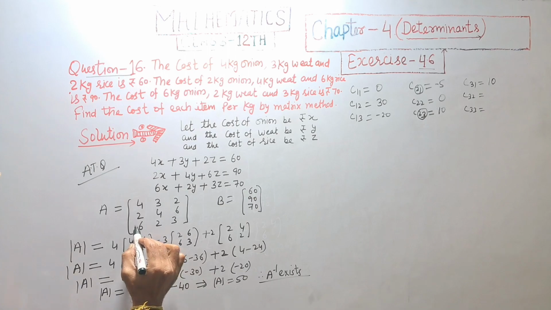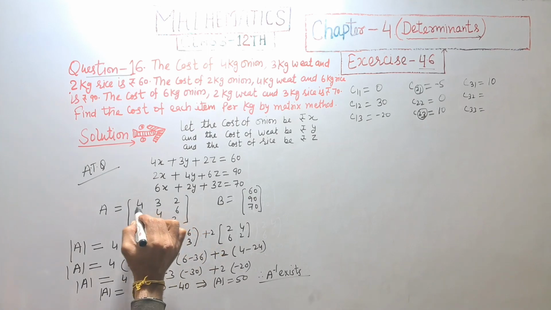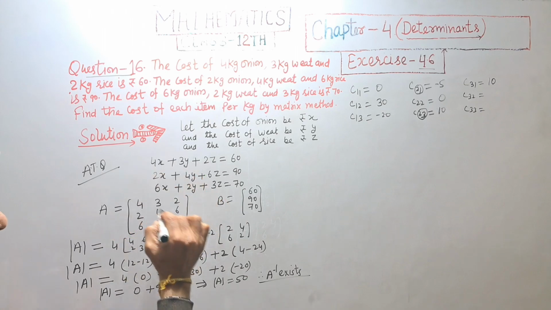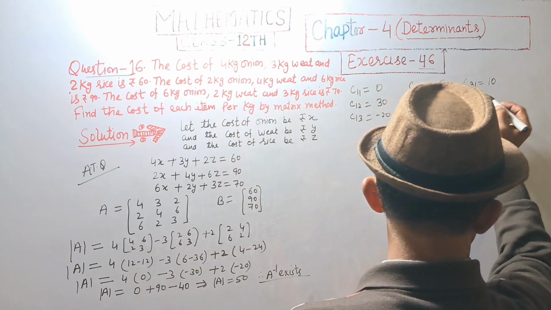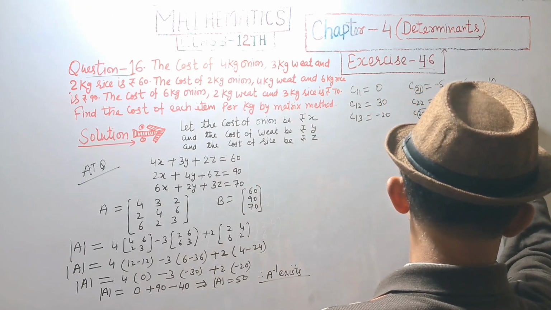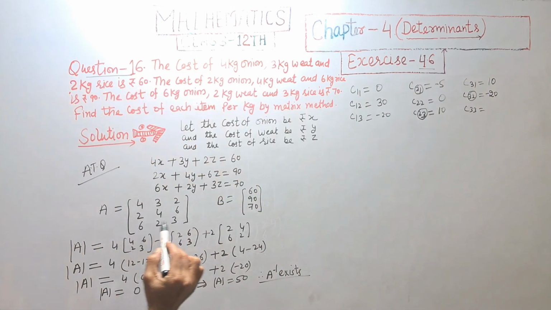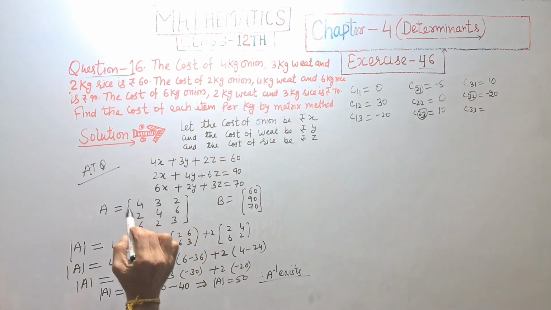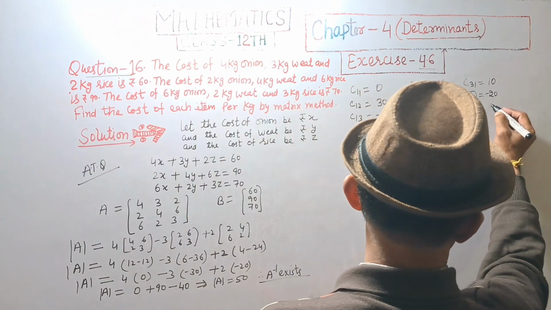And C32: 6 4s are 24 minus 4, that is equal to 20, but negative 20. 3 plus 2 is 5, this will be negative 20. C33: 4 4s are 16 minus 6 equal to 10, that will be positive 10.